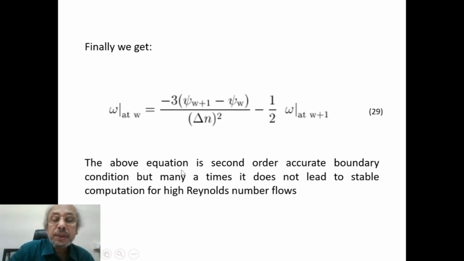So the above equation is a second order accurate boundary condition obviously, but many times it doesn't lead to stable computation. Some problems arise, and those problems can be addressed by fine-tuning other boundary conditions, and also having a closure loop at the convective terms.